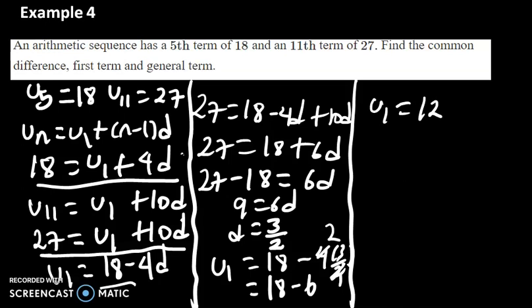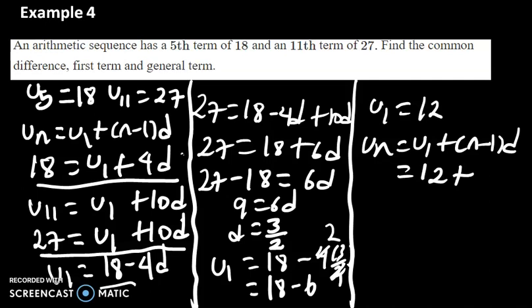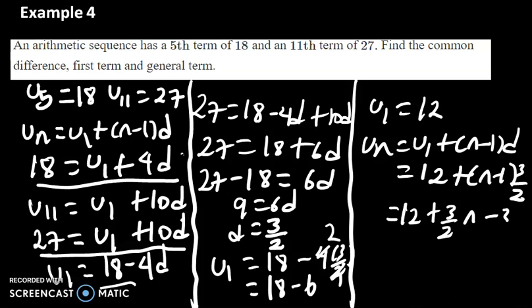So the general term will be in this form, u1 plus (n minus 1)d, where u1 is 12, n is unknown, and d is 3 over 2. So the general term will be 12 plus 3 over 2 n minus 3 over 2.